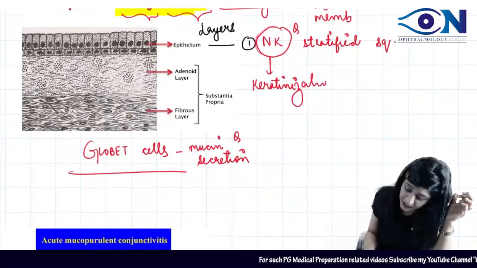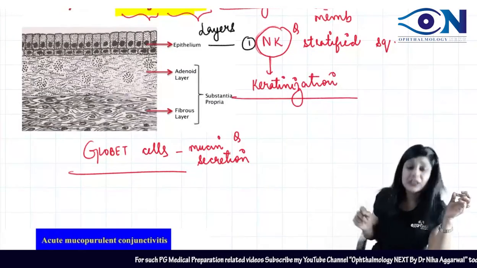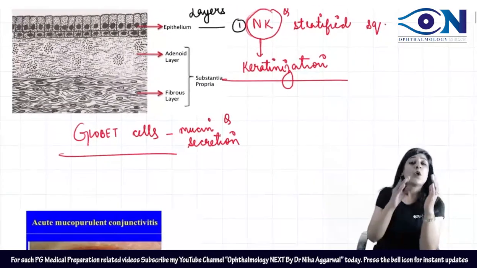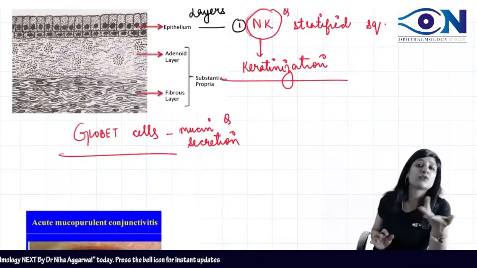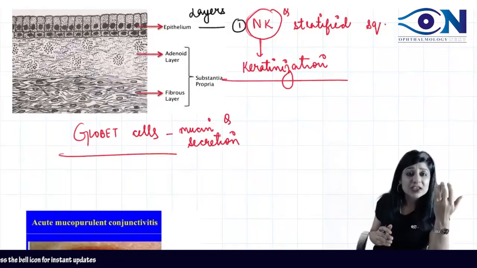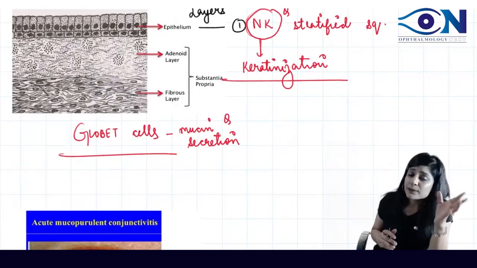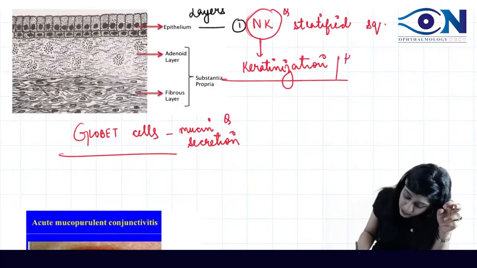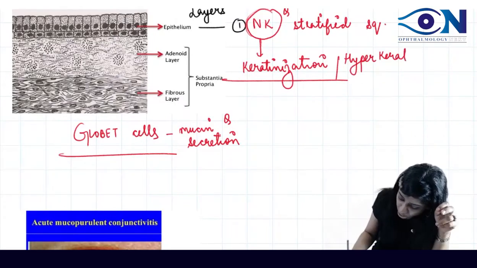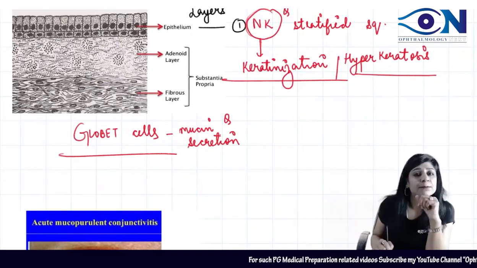Therefore, there will be keratinization of the epithelium, or we can say there is a metaplasia. Metaplasia means change of epithelium. If the epithelium changes from non-keratinized to keratinized, this is also called hyperkeratosis.